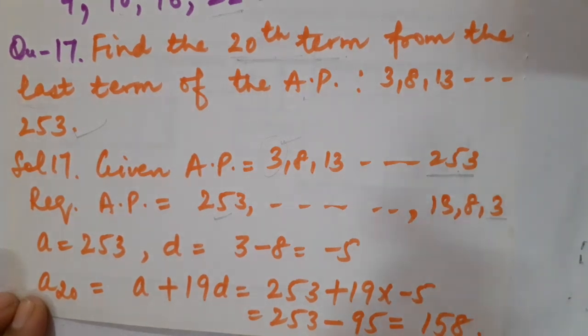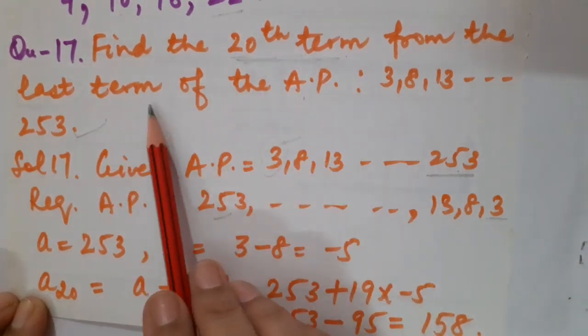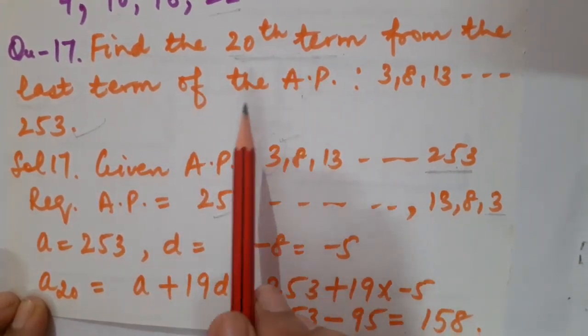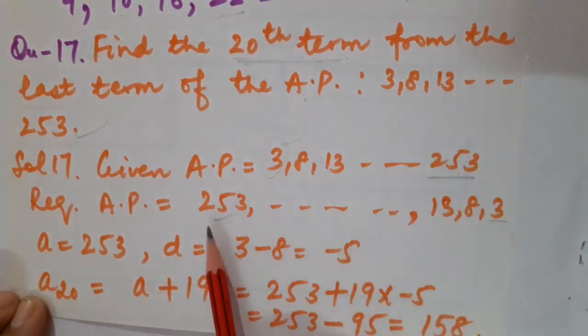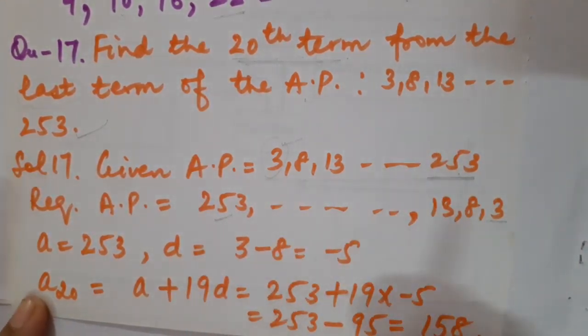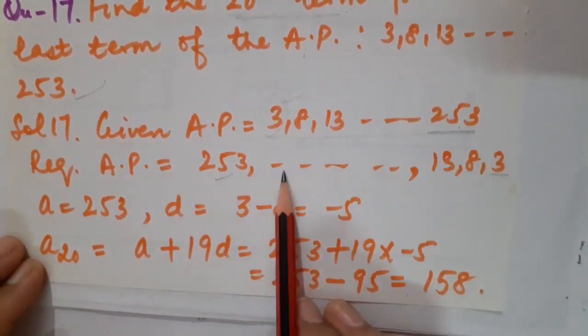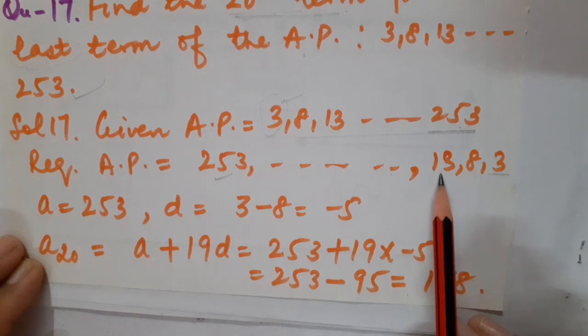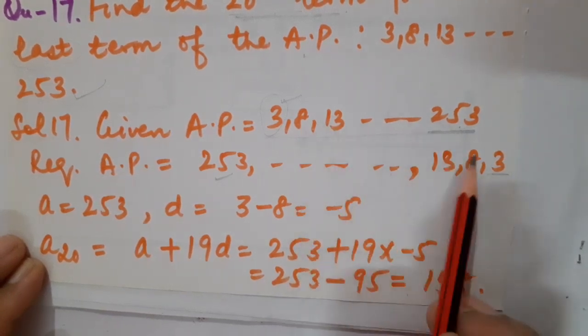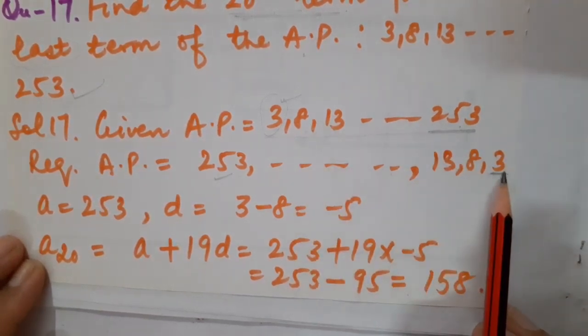So I am just going to write the given AP in reverse order for my convenience. The required AP will be 253 and so on, 13, then 8, and of course the last term will become 3.